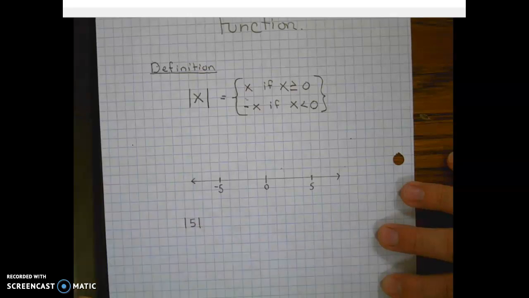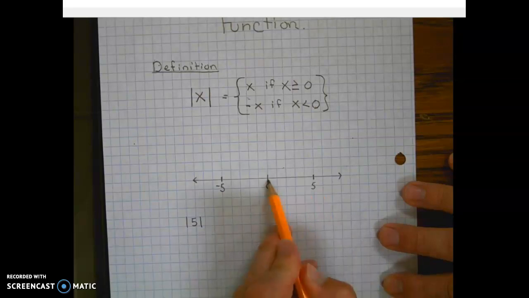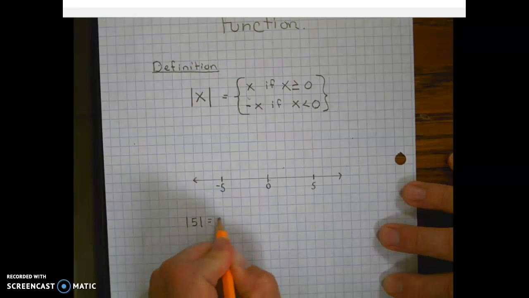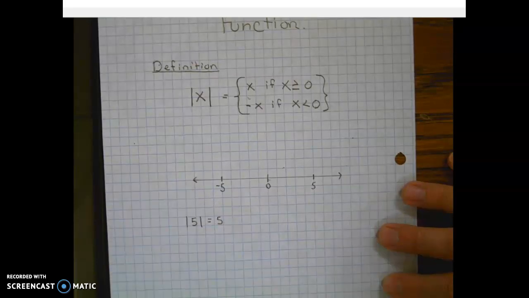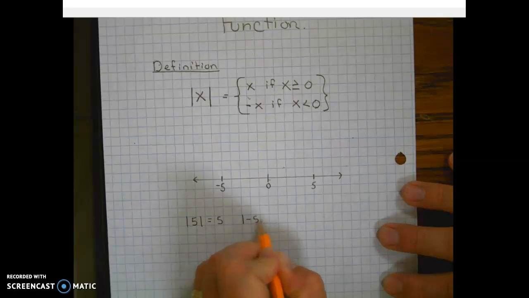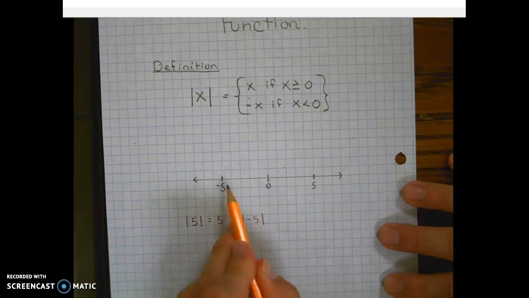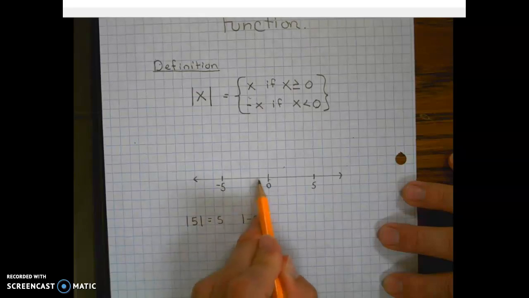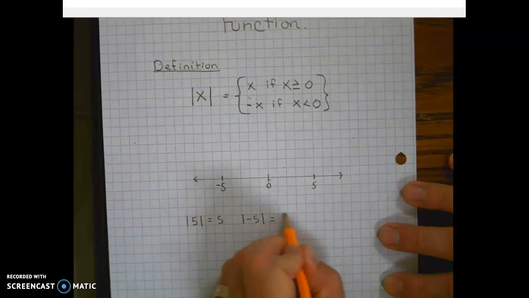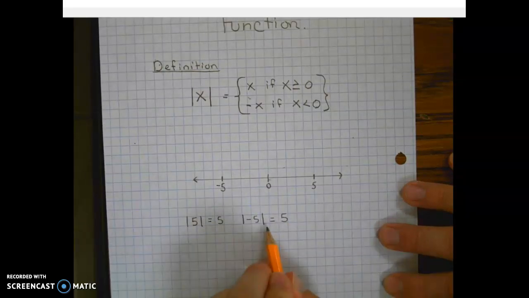So for example, the absolute value of 5, if you count the squares to 0, you notice the distance is 5. Whereas the absolute value of -5, the distance -5 is from 0 is also 5 units. 1, 2, 3, 4, 5. So that's the basic definition of absolute value.